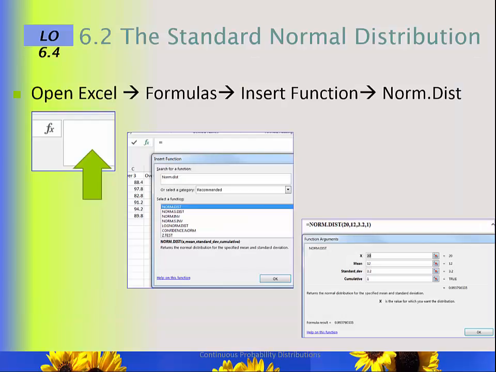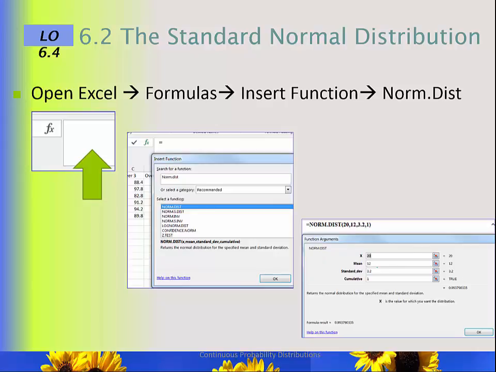So one last thing I want to tell you about in this chapter is we can do some of this using Excel. We don't have to look up the numbers in the chart. We can actually get Excel to perform the normal distribution function. So if you don't want to use the table, you can do this using Excel. You type in NORM.DIST.